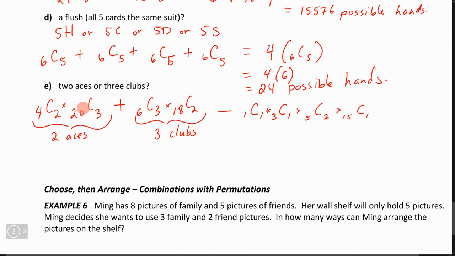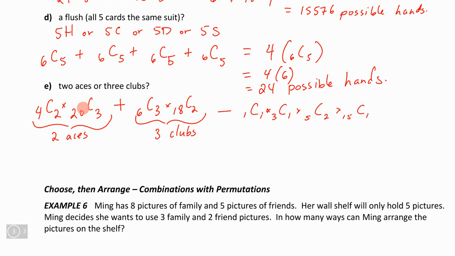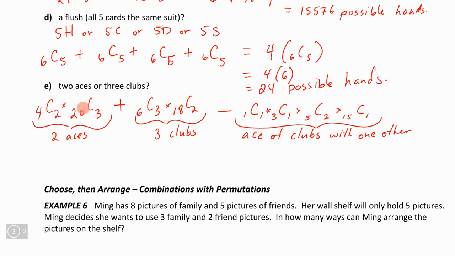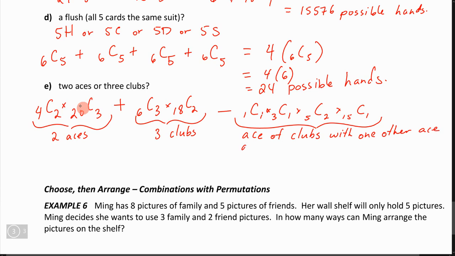Now let me explain what's going on here. So this whole thing represents the ace of clubs with one other, excuse me, one other ace and 2 more clubs plus 1 non-ace, non-club card.